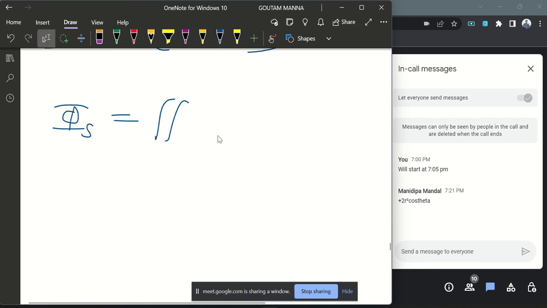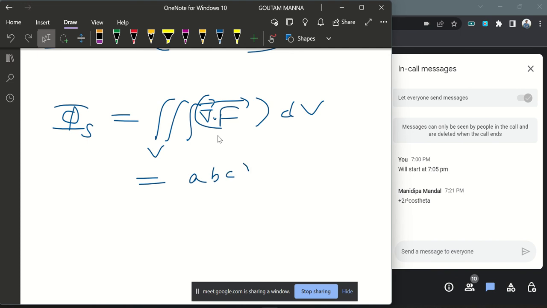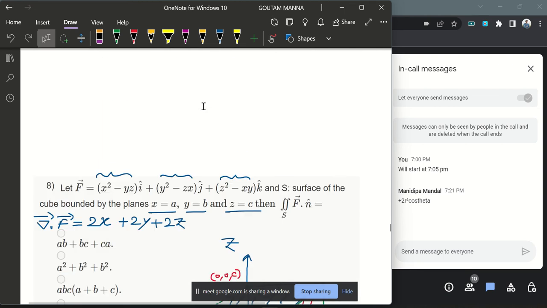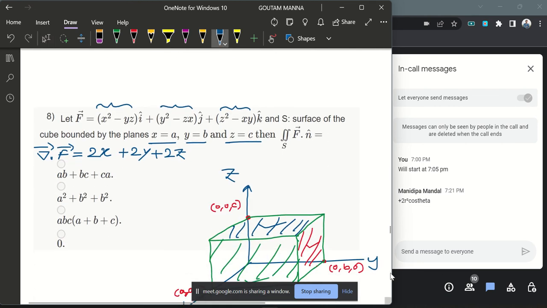It is basically the volume integral of divergence of f dv, that is abc times a plus b plus c. So the correct option is the third one.